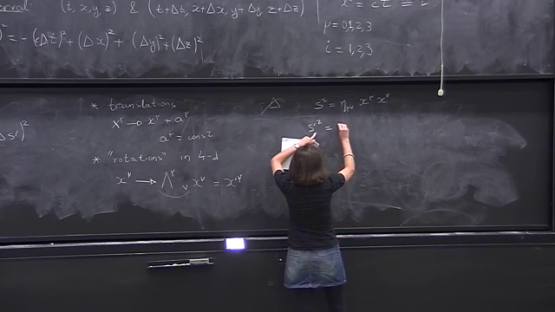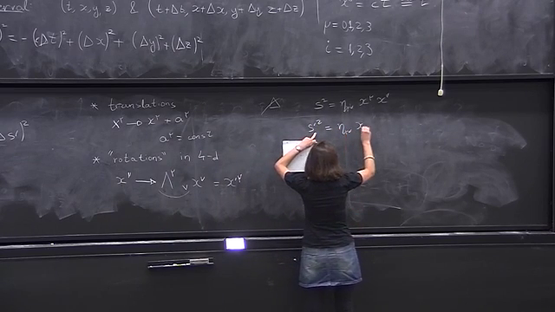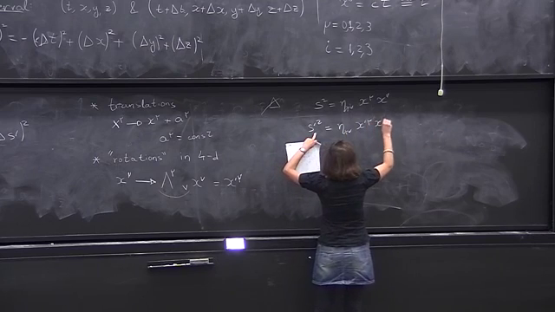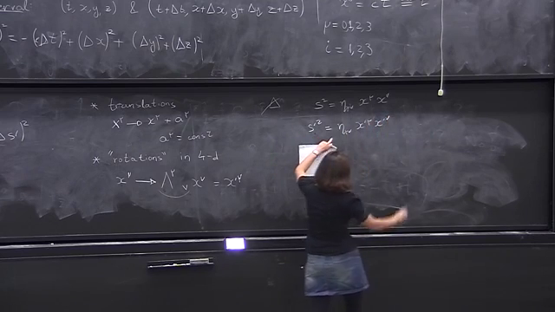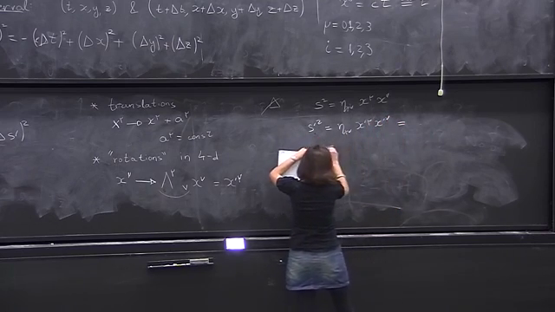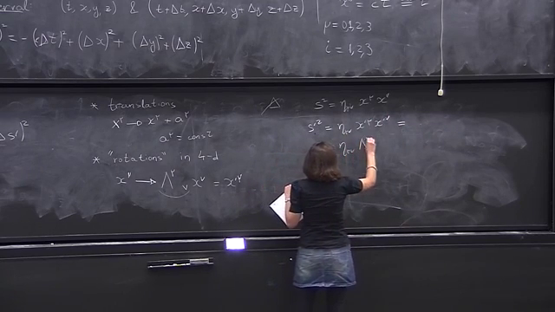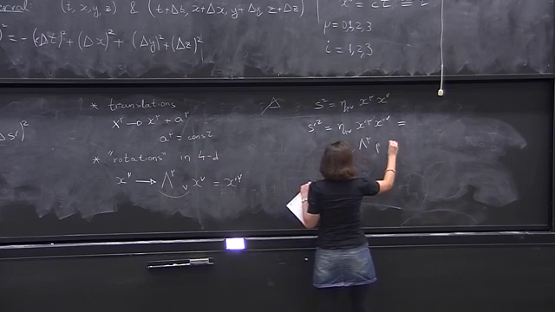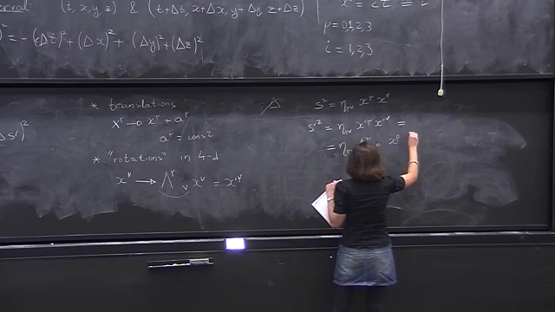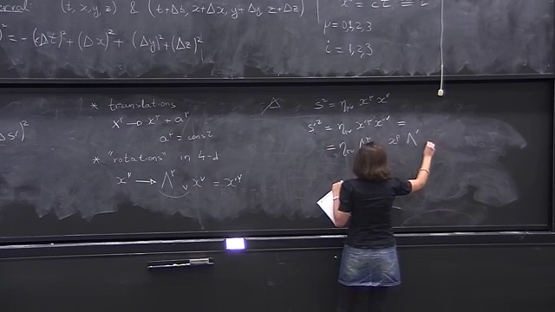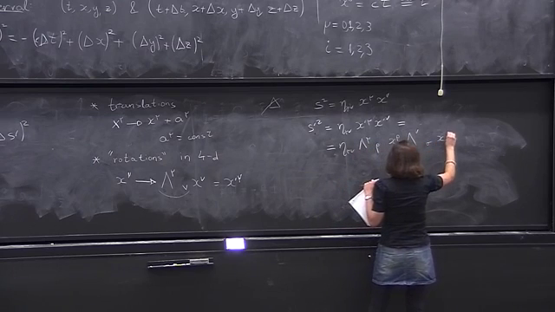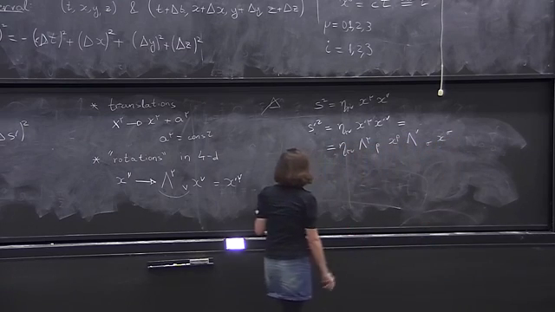S prime squared equals eta mu nu x prime mu x prime nu. And this is equal to eta mu nu lambda mu rho x rho lambda nu sigma x sigma.